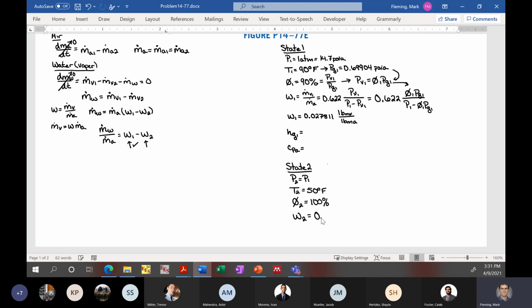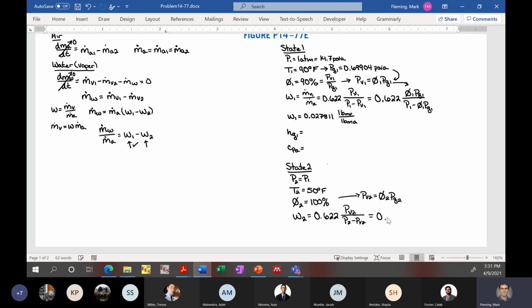Noting the form that we used in the first one, we'll have 0.622 times P vapor 2 over the pressure of 2 minus P vapor 2. We said P vapor 2 is just going to be our relative humidity at 2 times P sub G2, and P sub G2 is going to be different because we have a different temperature.